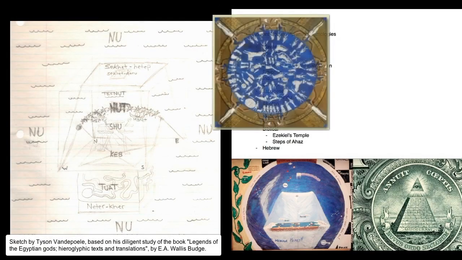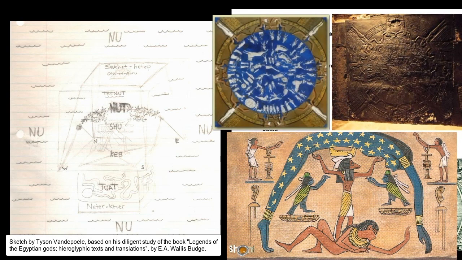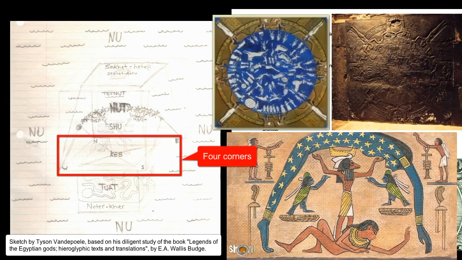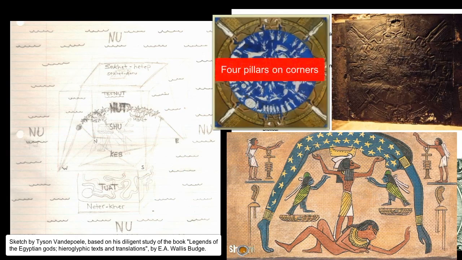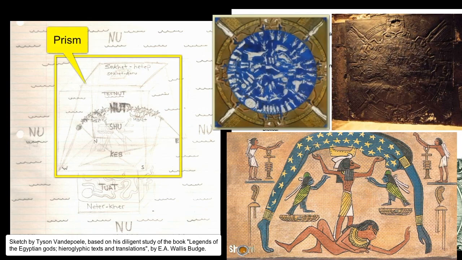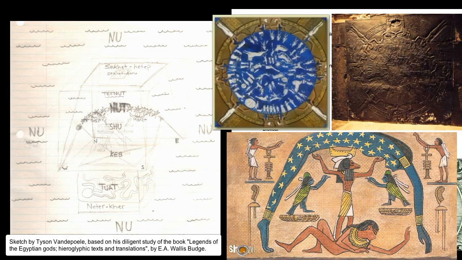We have the Egyptian model, which features four corners and a celestial sky that's circular, along with, of course, pyramids that are built according to cardinal directions.